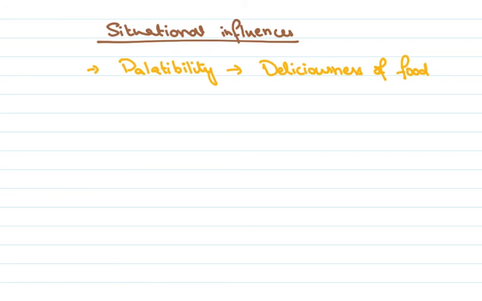Then you also have something like variety, which is a situational factor. So the higher the variety, the more you will end up eating. This is what happens when you go to a buffet, right? And you end up eating a lot because there is a huge variety of food.